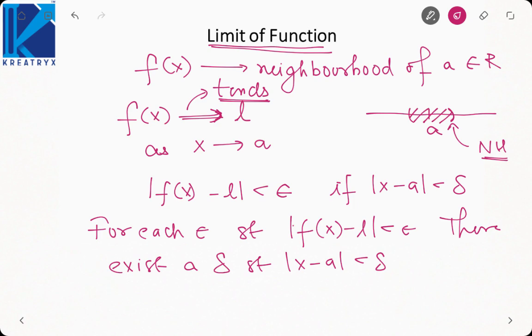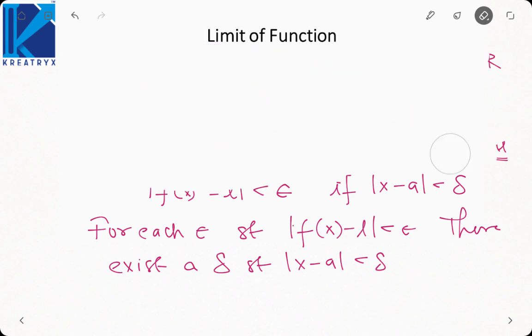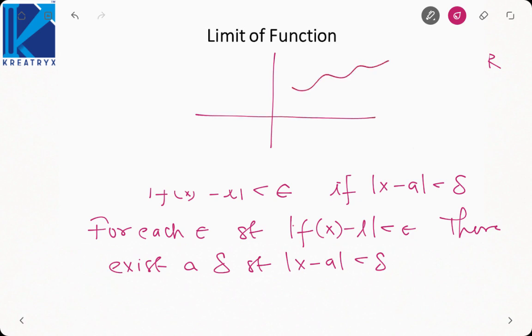That is, suppose I give you a curve. Suppose this is a certain curve, and if I am hovering around this point, then if I give you that the function must lie within this range, then you can say that x must lie within this range. So this range will be the delta range and this range will be the epsilon range.